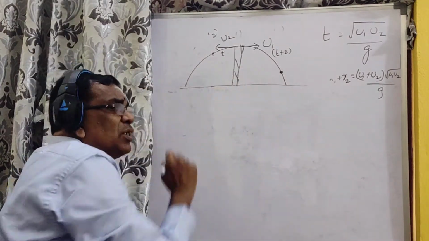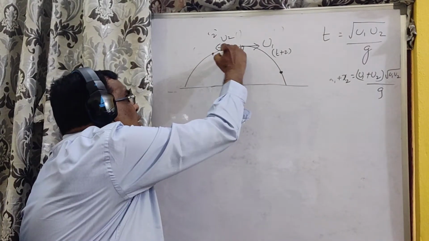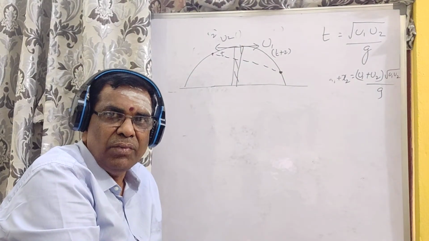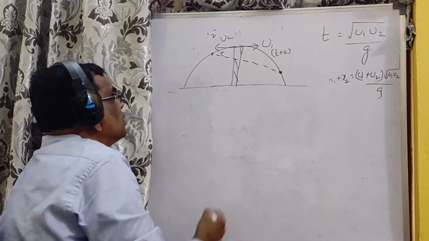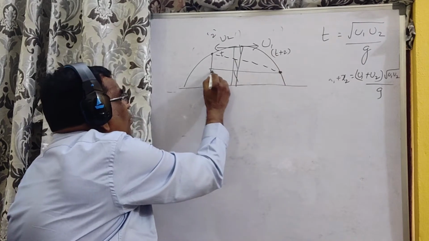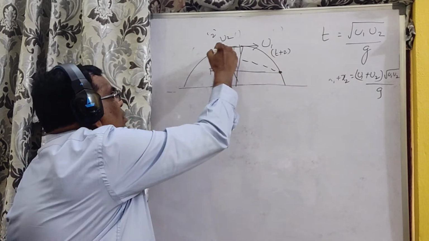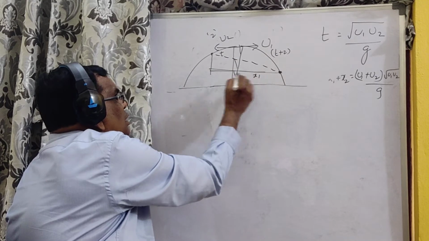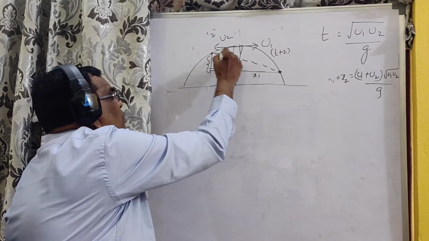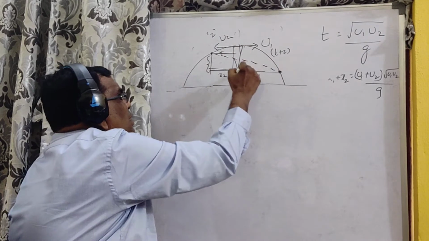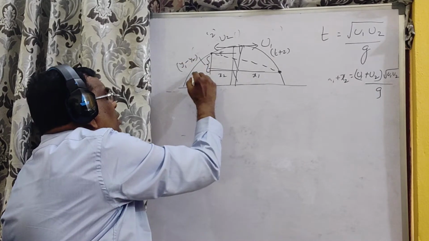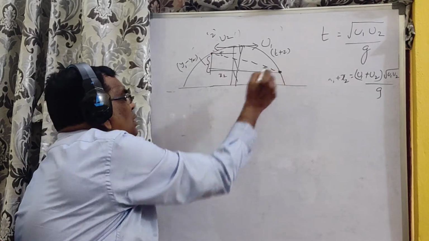So while writing the equations, what is the distance of separation now? This is the distance of separation. You got the point? Look, this is x1, this is x2. If this is y2 and this is y1, therefore this is y1 minus y2.